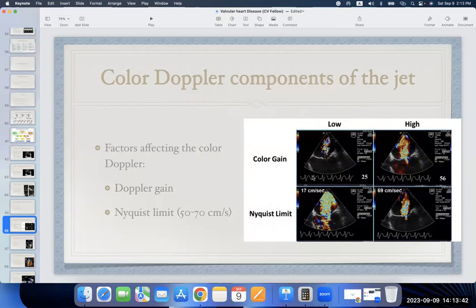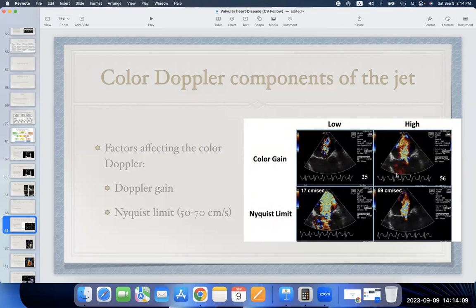The other thing, and this is really hard and really annoying, is the color gain. If the echo technician puts a low color gain, you're going to underestimate the jet, the regurgitation. So make sure that it's adjusted, and usually we tell them the color gain should be as high as possible without showing any noise in the non-moving objects.